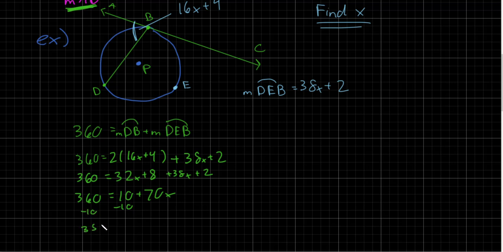I get 350 equals, yeah, equals 70x. Then we should divide 70, right, from both sides? Yep, and then I get x equals 5.